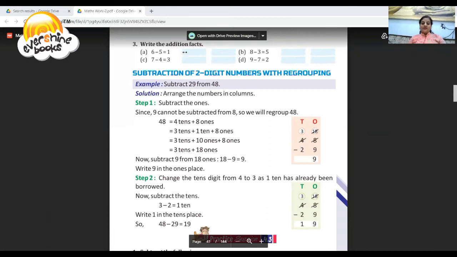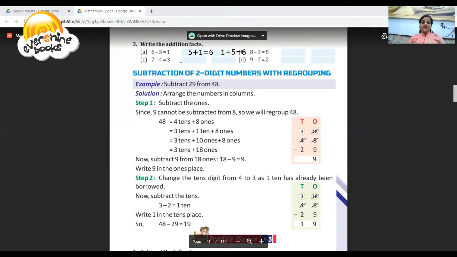It means 5 plus 1 is equal to 6. Next is 6 minus 1 is 5, and we can change it. 1 plus 5 we can write, and the answer will be the same. 6 will be the answer.